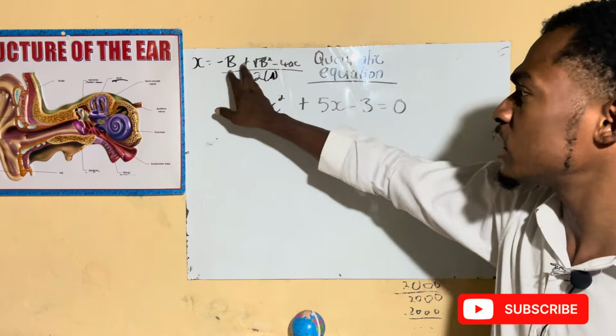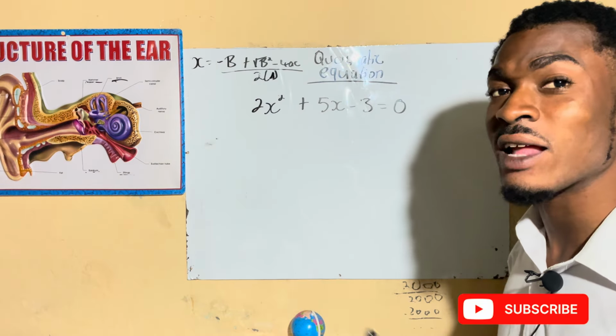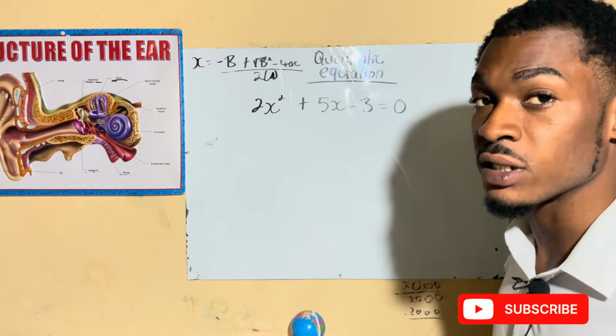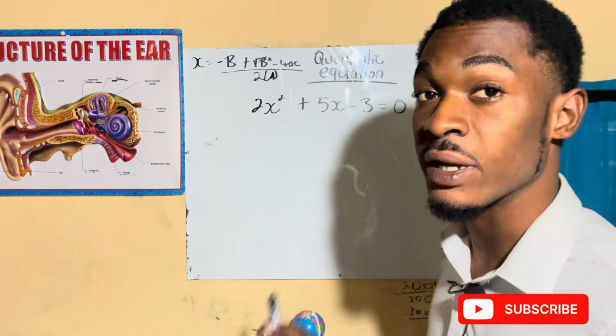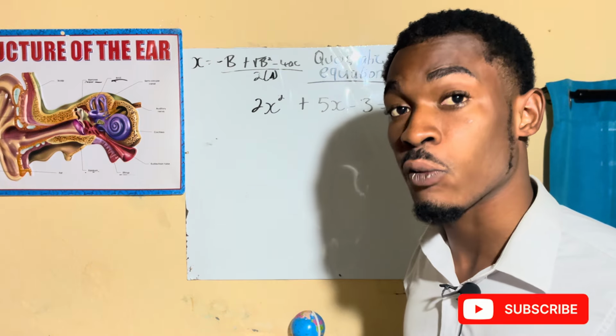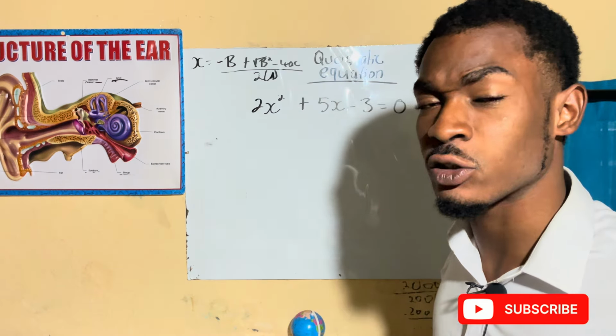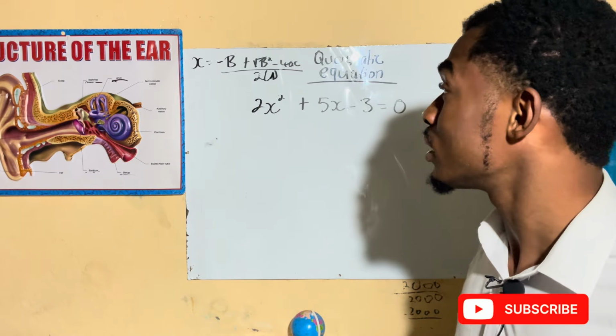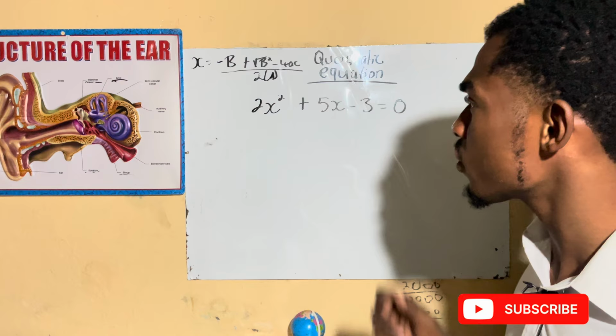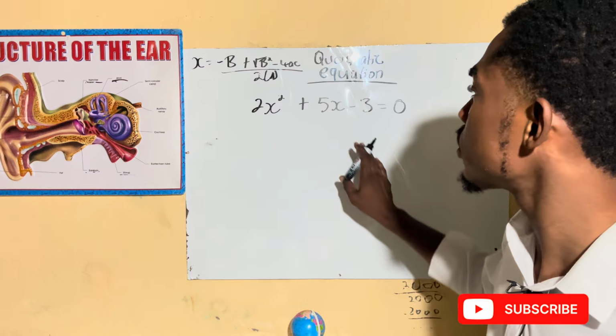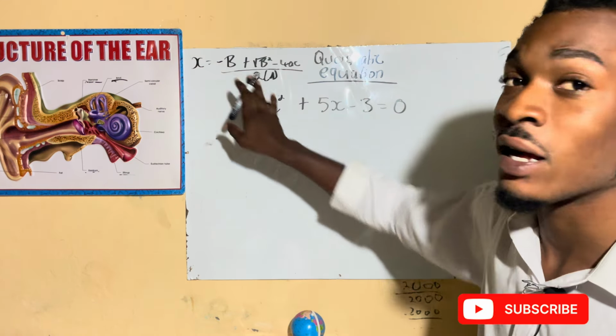With this formula, when we're working on maths, the thing we need to know is that every maths question and every maths topic works with formulas. Once we understand the formula, that makes us understand the question. So with this quadratic equation, we want to put these numbers into the formula as is.